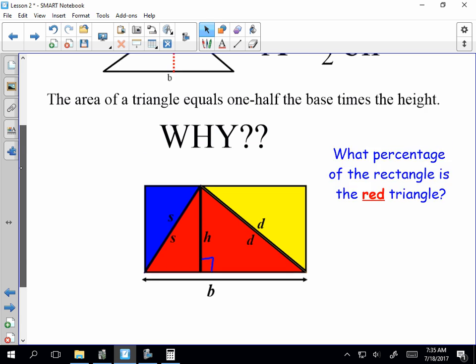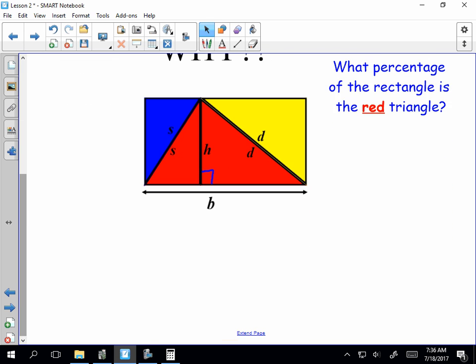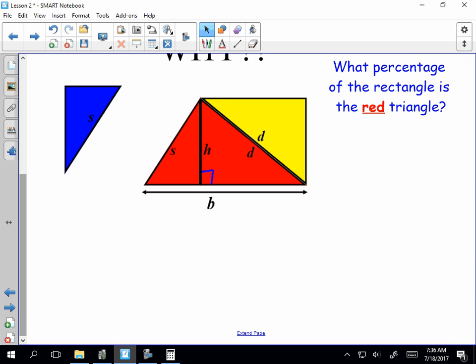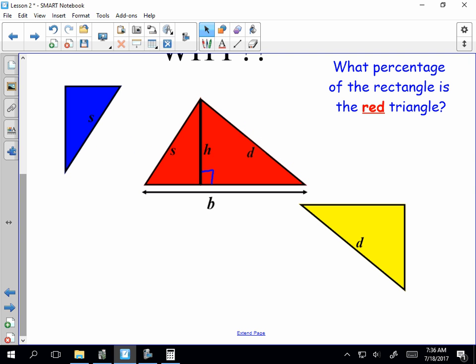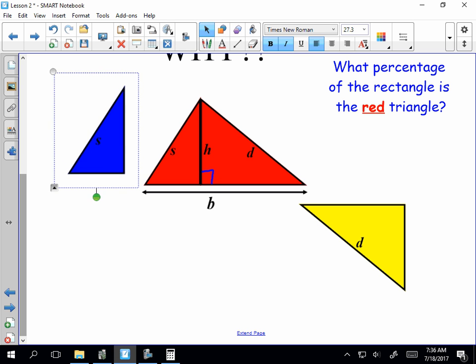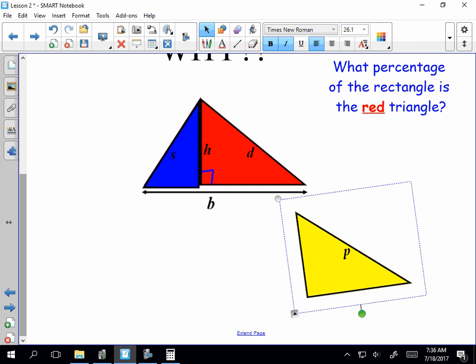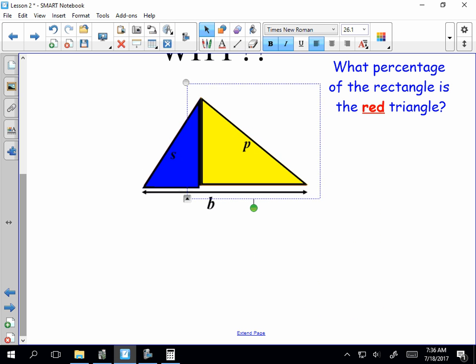If you notice in this lower shape, I took our original triangle, which is based on a base and a height measurement, and I've added some pieces to it. These pieces are exact matches to the two parts of this triangle.